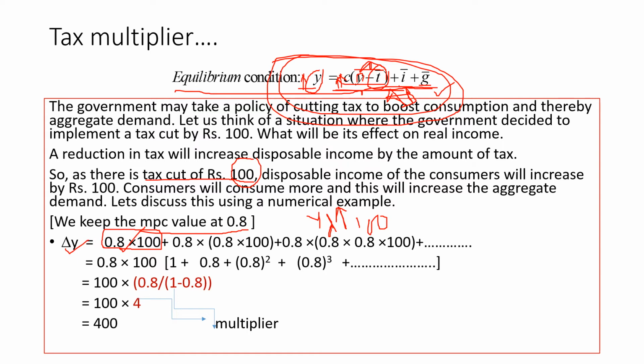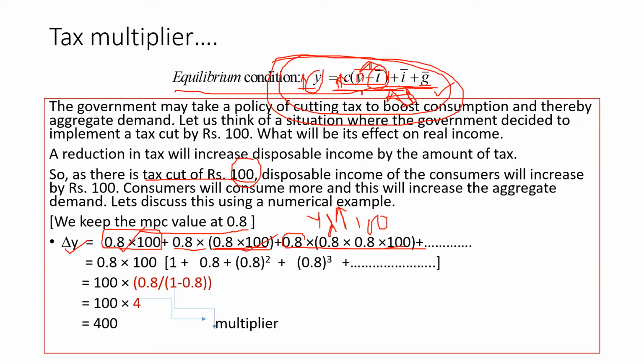Okay, so if income increases by 80 rupees, that is 0.8 into 100, in the second round, consumption will increase by 0.8 of the first round increase in income. And so on, the same logic as in the case of the government expenditure multiplier. In the third round, it will be 0.8 into whatever the increase in income was in the second round.